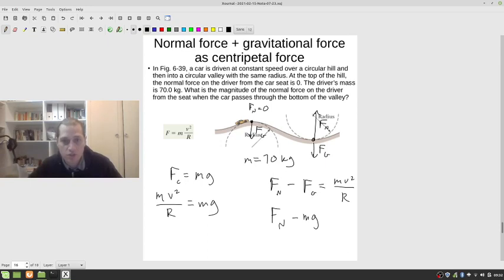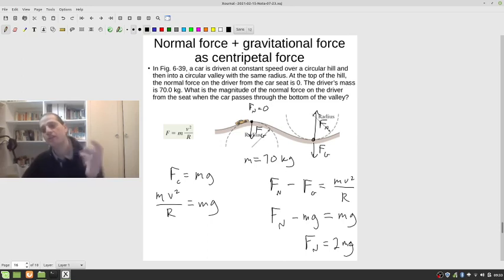If this circle has the same radius as that circle, I can go ahead and use this mg equals mv squared over r. And my normal force is just going to be 2 times mg.